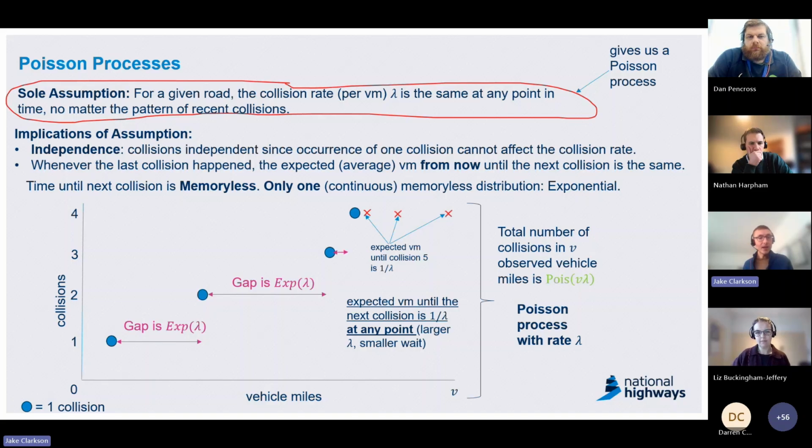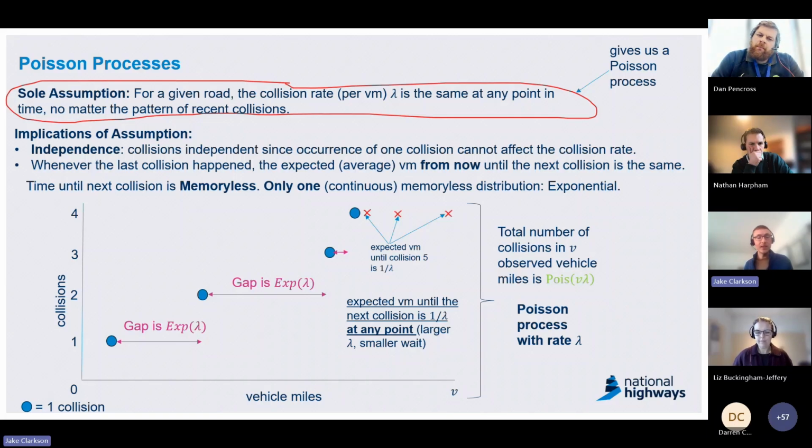And to demonstrate the second bullet point about the memoryless property, let's look at the expected or average vehicle miles we will see until collision 5 happens. This expected amount is the same at any of these three red crosses, be that just after collision 4 has happened or a while after collision 4 has happened.